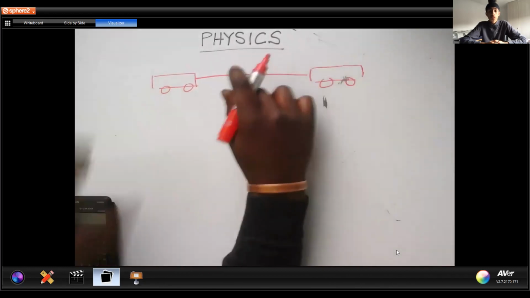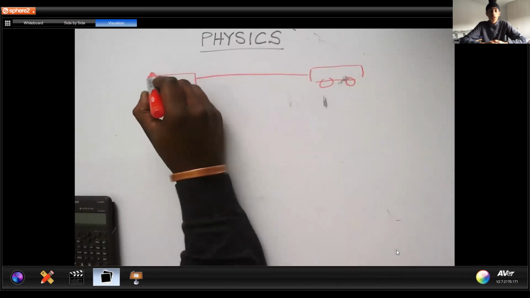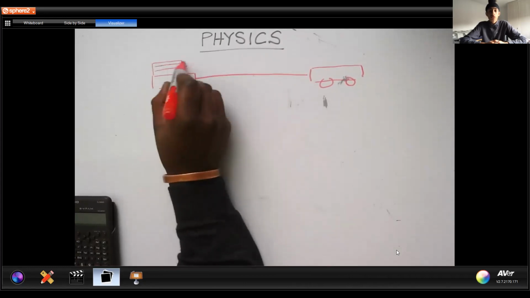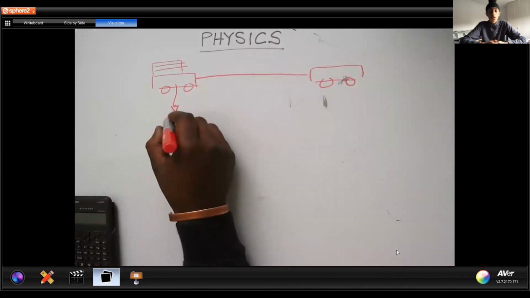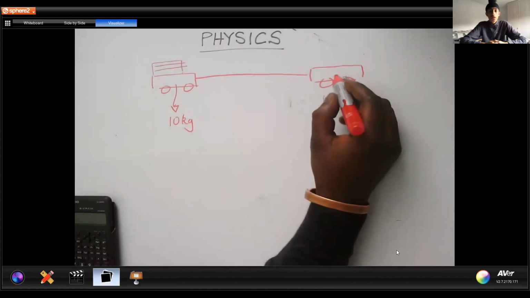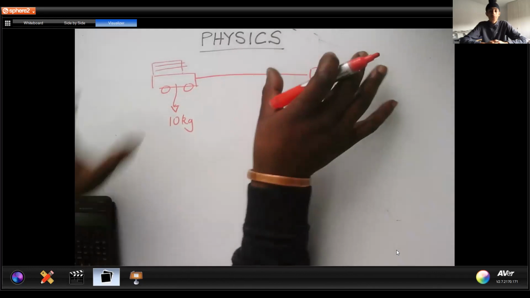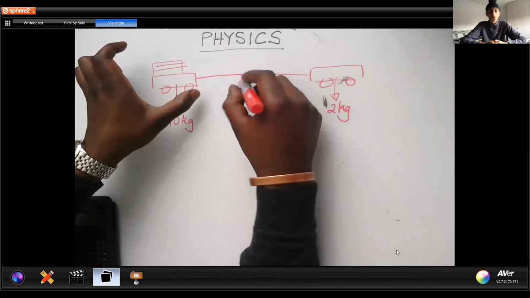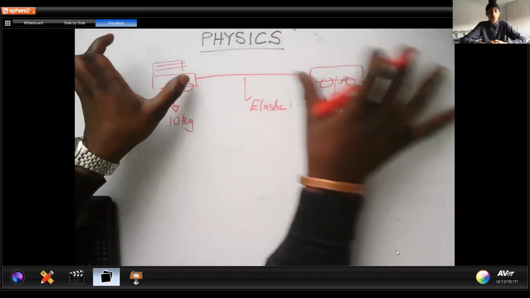So in other words, there is elastic potential energy in this. And let's imagine that this trolley here has been loaded with extra weights. And for argument's sake, we're going to say that it is at 10 kilograms. And this trolley here is at 2 kilograms. So I'm keeping them apart with my hand because I've stretched this piece of elastic.